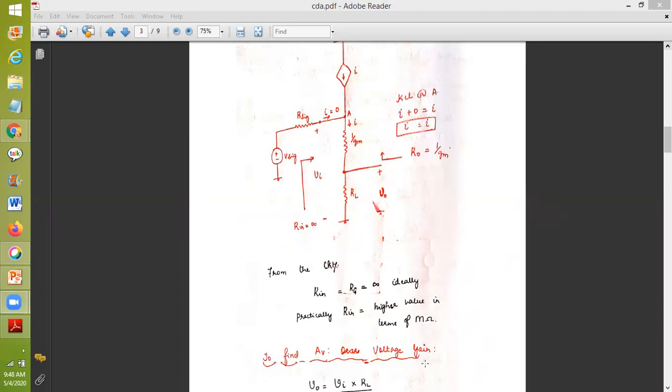Answer please. 1 by gm. So your R0 will be equal to 1 by gm.